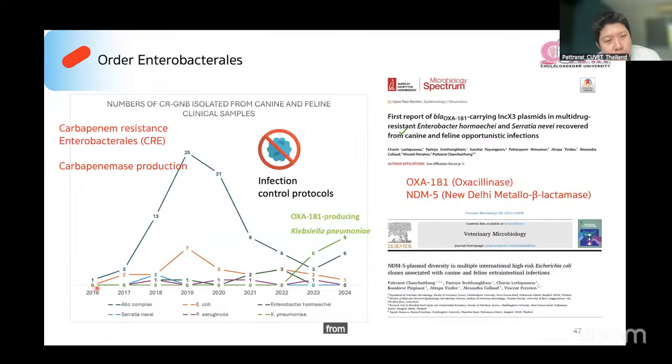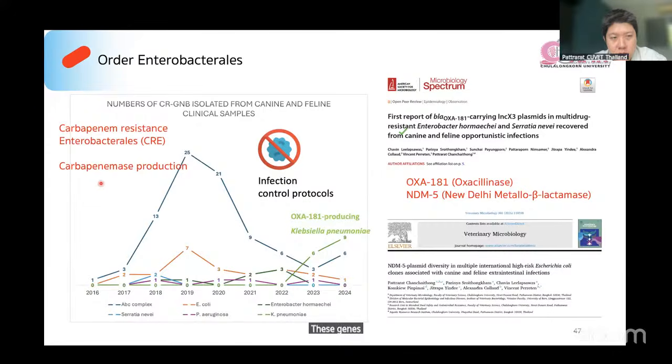It was first isolated in 2016 and increased in 17, 18, 19 from the data collections, because in Enterobacterales, we found a spread of carbapenemase gene production.